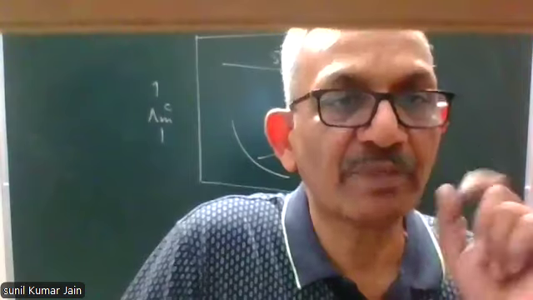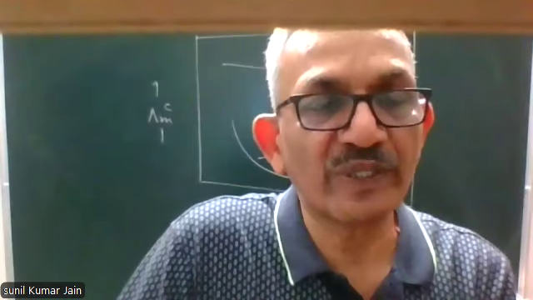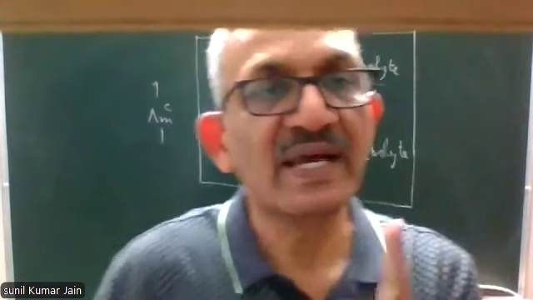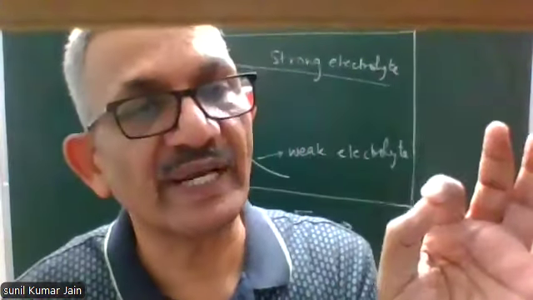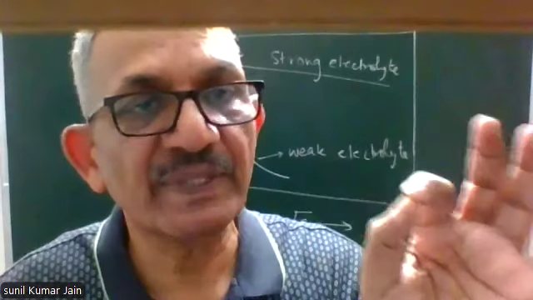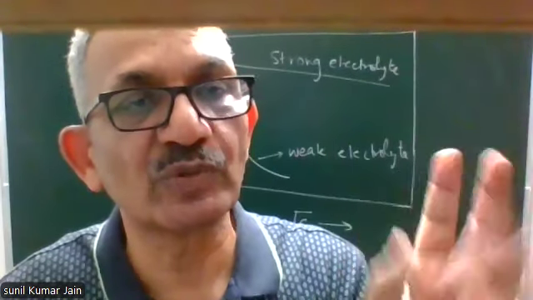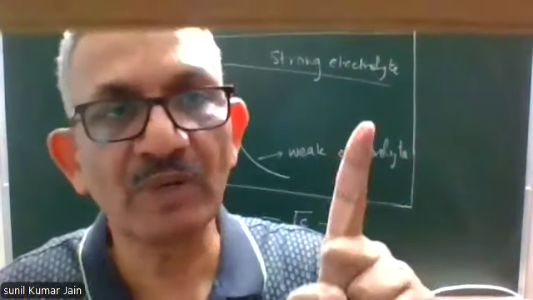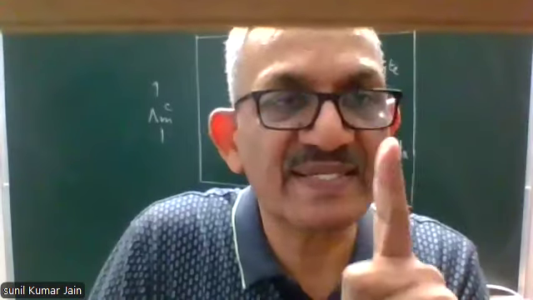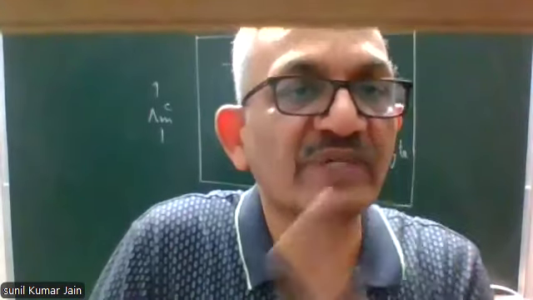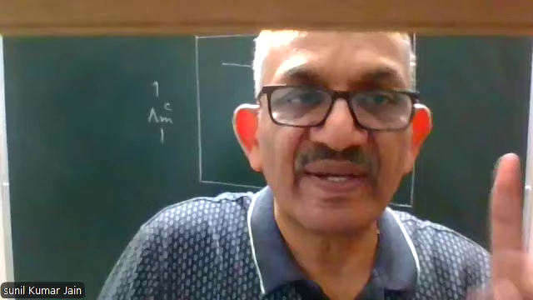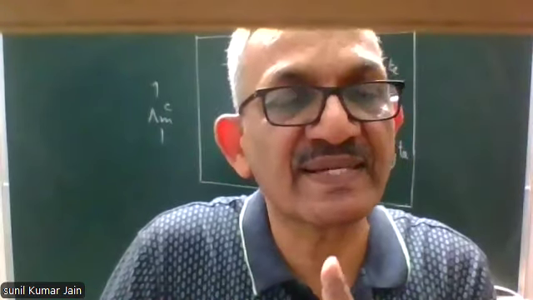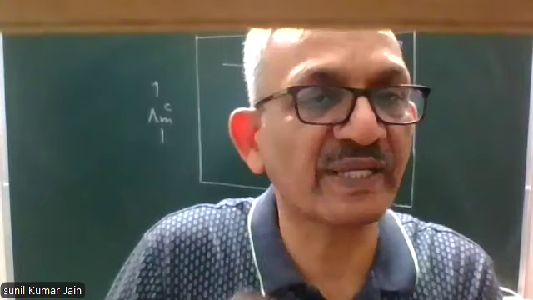That is, number of ions will increase, due to which conductivity will increase. It means in case of weak electrolyte, sharp increase in molar conductivity is due to two reasons. Number one, number of ions increases. Number two, mobility of ions also increases. Whereas in case of strong electrolytes, only mobility of ions increases, number of ions does not increase.